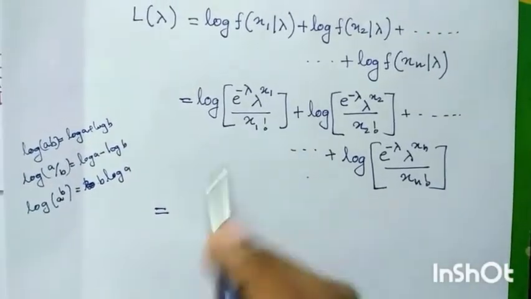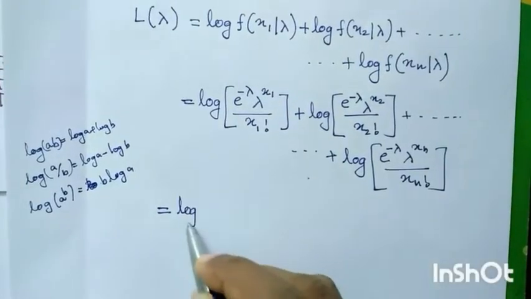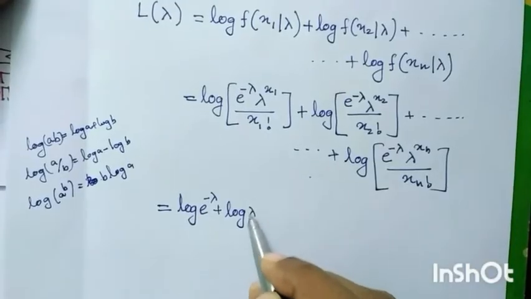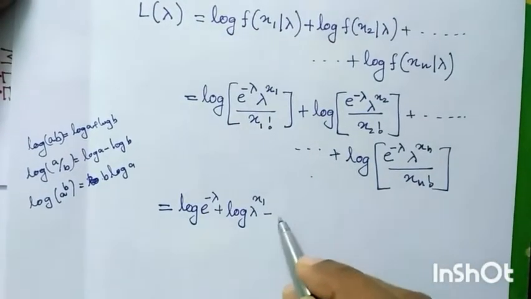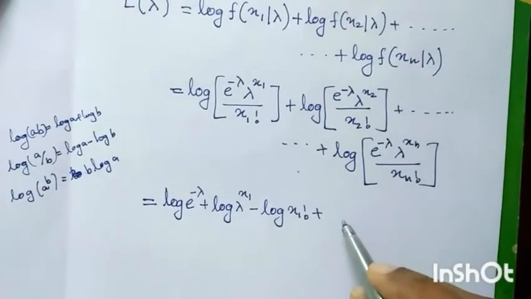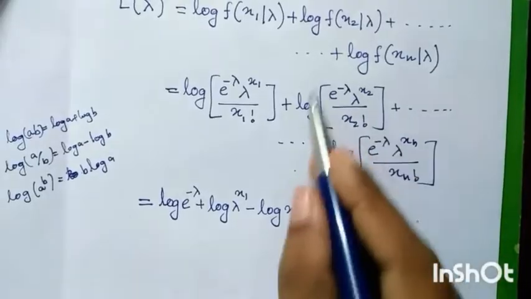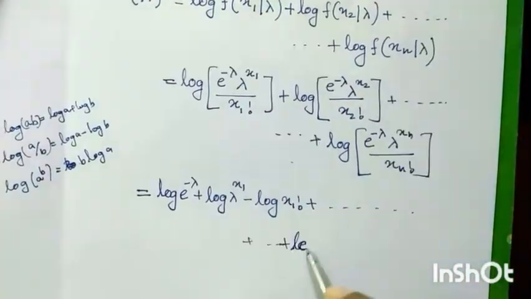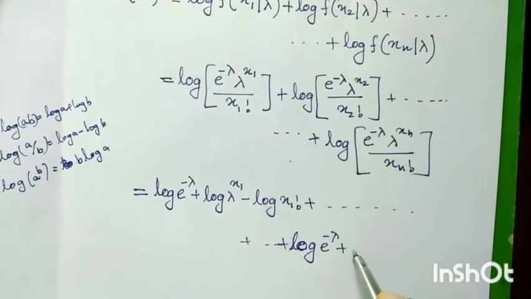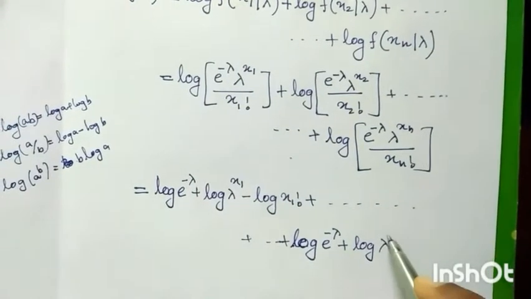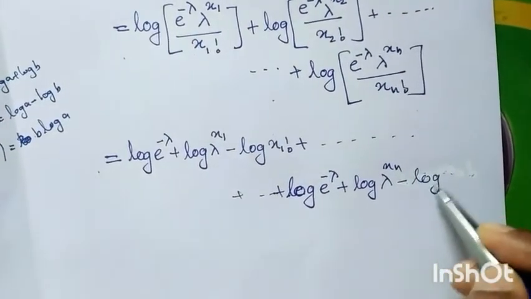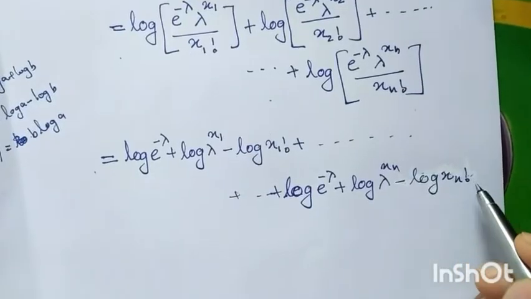Now you can change this equation to log e raised to minus lambda plus log lambda raised to x1 minus log x1 factorial plus etc. I won't write this term, plus log e raised to minus lambda plus log lambda raised to xn minus log xn factorial.